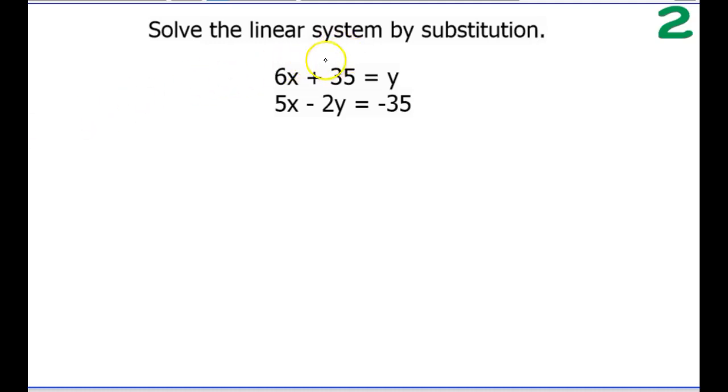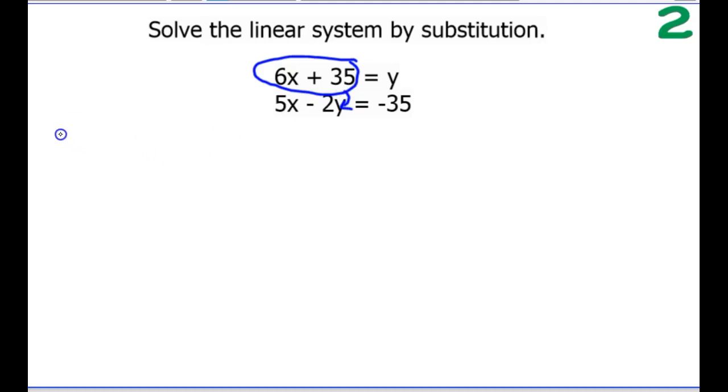Now we're going to get back into substitution. We have 6x plus 35 equals y, and 5x minus 2y equals negative 35. So we already have y by itself, so we are going to take this 6x plus 35 and replace it with our y.